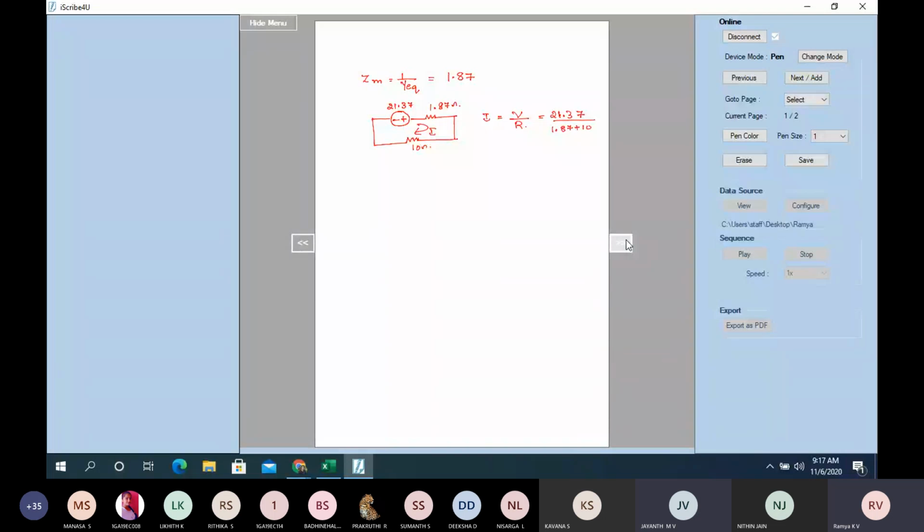So what do you get for current? 1.8. Current is 1.8.